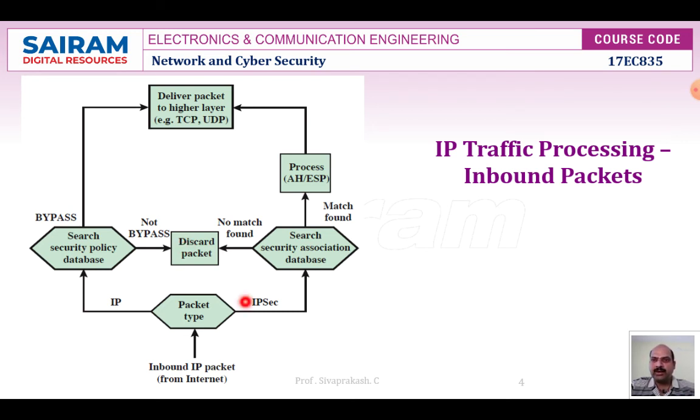If the IP packet is a secured packet, then IP security searches the security association database, which can have two conditions: the match is found or the match is not found. If no match is found in the security association database, then the packet is discarded. Otherwise, if a match is found, then IP security applies the appropriate ESP or AH processing, that is, encapsulating security payload processing or authentication header processing.